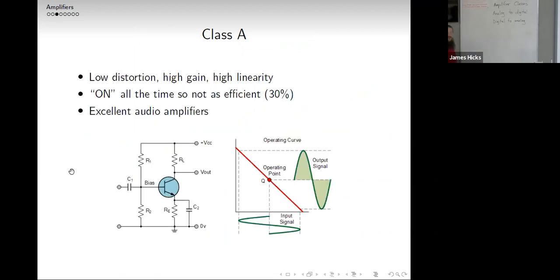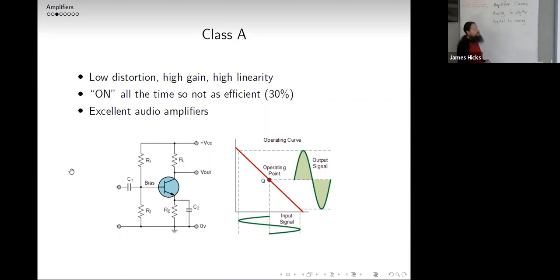So I just want to go through the 4 different conduction angle amplifiers individually, and then we'll talk about the switching amplifiers. Class A amplifiers are the lowest efficiency amplifier.